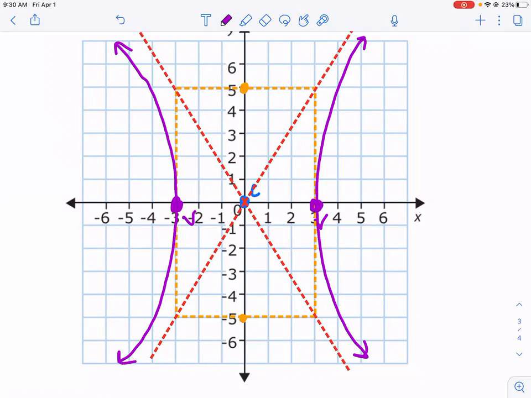The asymptotes give us our shape. The asymptotes tell us how wide or narrow to make it. Because that's what an asymptote does, right? Our curve approaches the asymptote without crossing it.